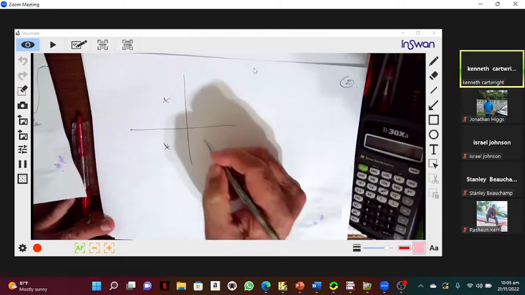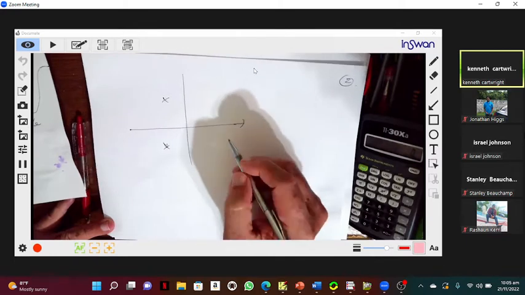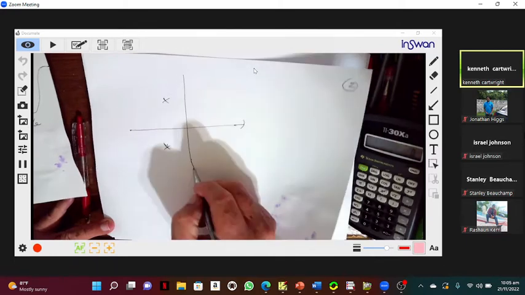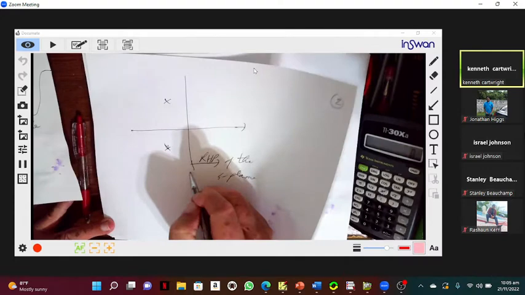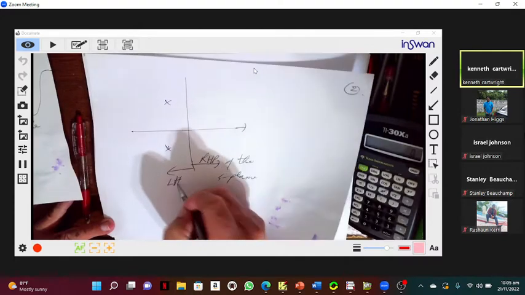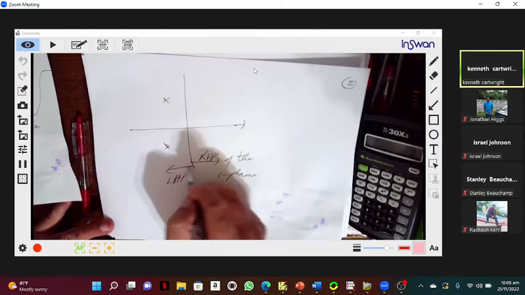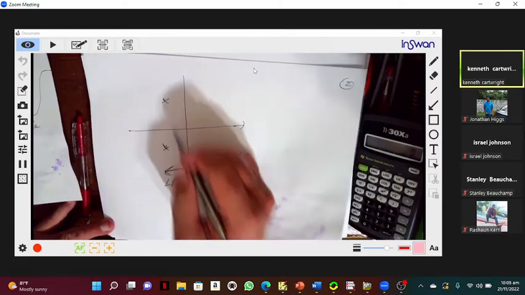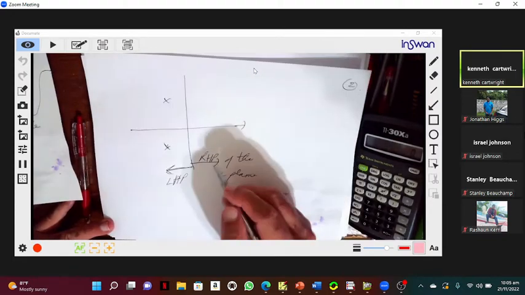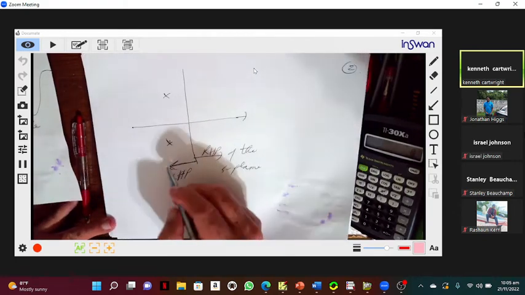We have 2 poles in this diagram. And here's the right-hand plane of the S-plane, and here's the left-hand plane. We want our poles to be on the left-hand plane for a stable system.